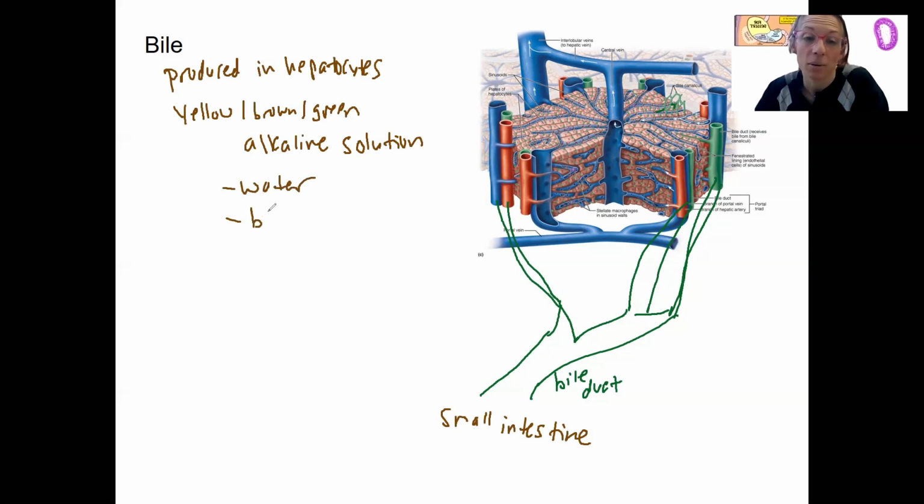It's going to have bile salts, that's an important one. It's going to have some other fats in there, phospholipids. I'm just going to write down the most important ones here. Bile pigments, that's what gives it its color.